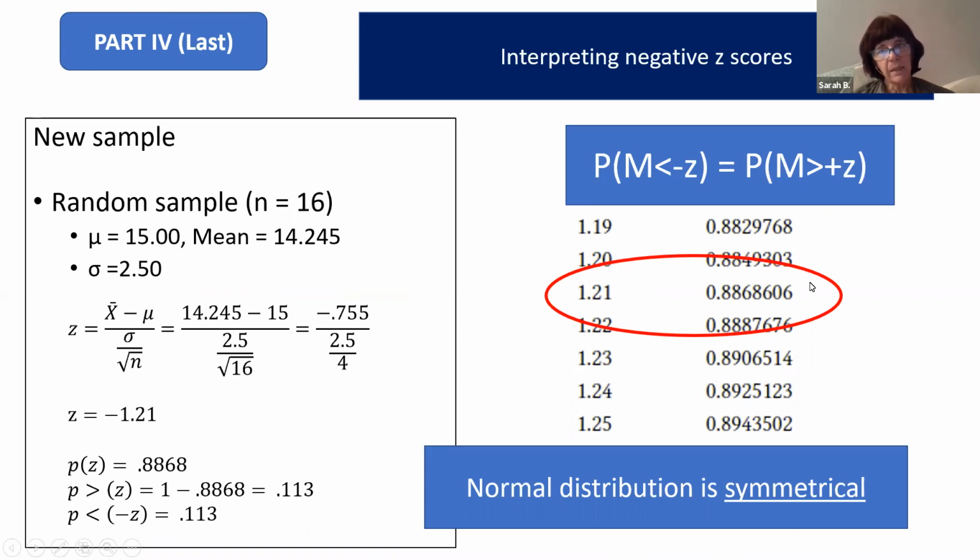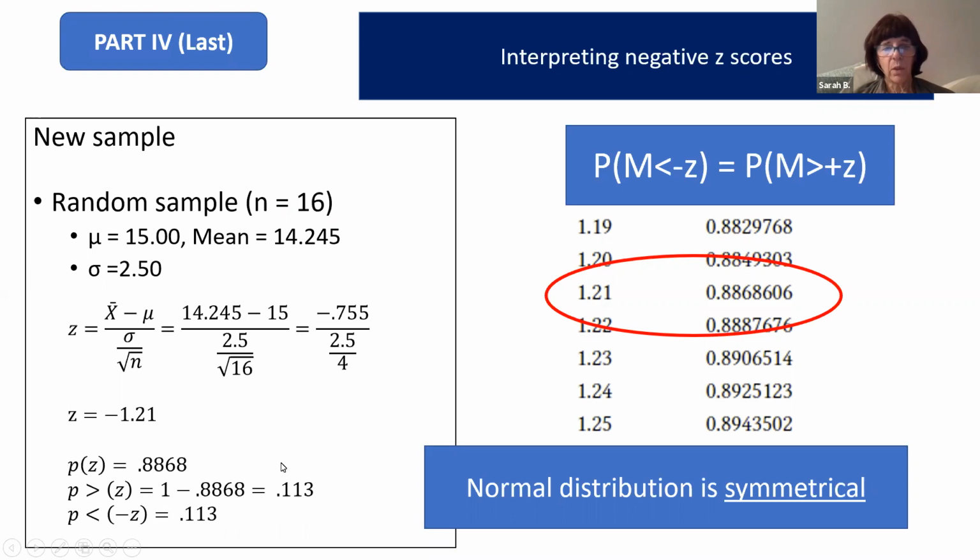That's 0.8868. Then we find the probability of z beyond 1.21, which is 1 minus 0.8868, which is 0.113. Okay, so that's the same as the formula for finding the probability in the adjacent tail. It's 1, the whole distribution, minus 0.8868, which is the values below that value.